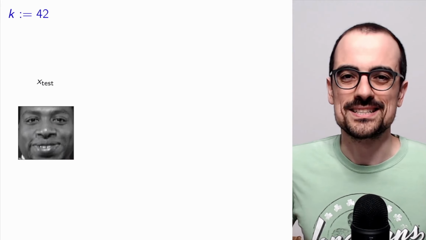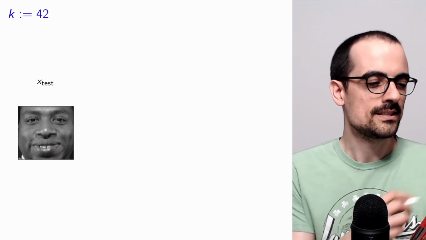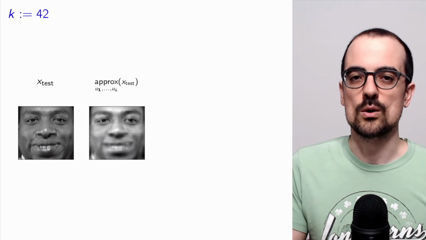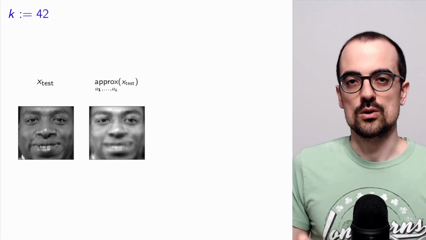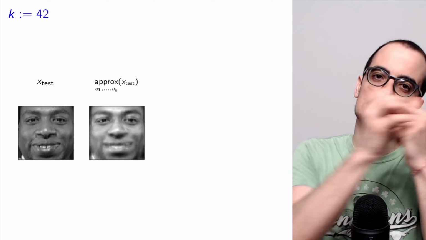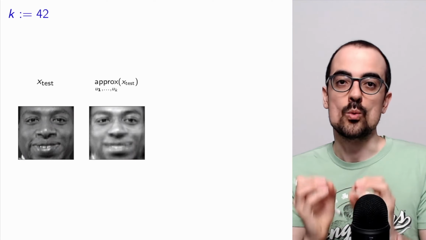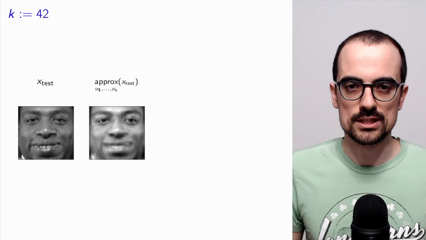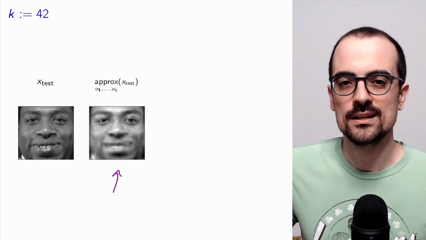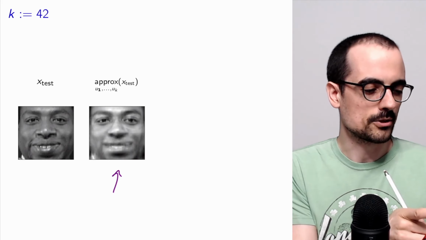Let's take a look at some examples. So this is one of the original test faces. This is the approximation to the test face that we obtain in the way that I just mentioned. The representation would be actually just 42 numbers, but we can go back to the original space by adding up the sample mean and weighting each of those numbers by the corresponding principal direction, and we see this face where we're obviously losing a lot of the fine scale details, but it's actually a pretty good approximation.